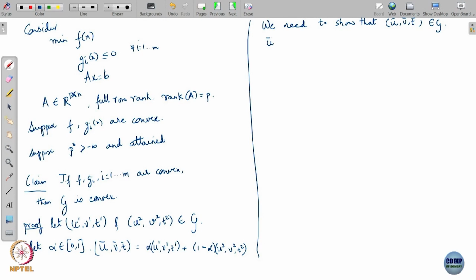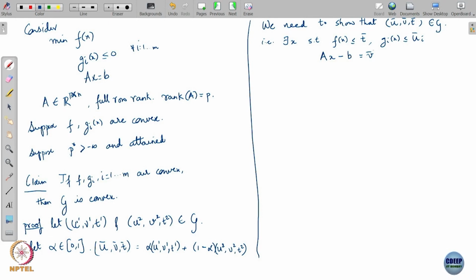We need to show that there exists an x such that f(x) is less than or equal to t bar, g_i(x) is less than or equal to u_i bar, and Ax minus b is equal to v bar.